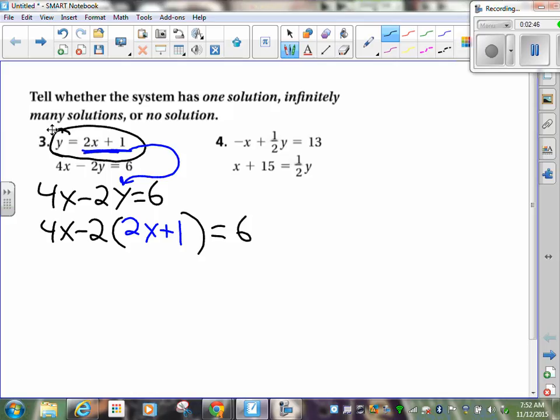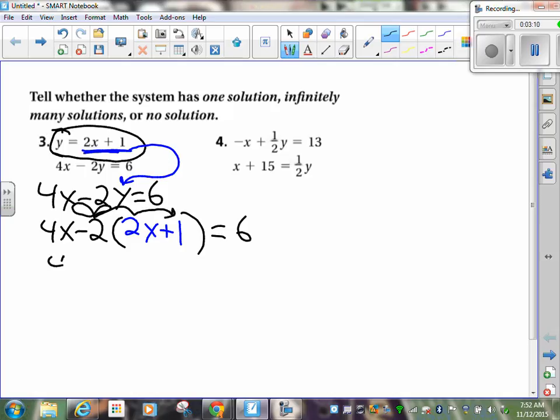That's why I put it on top so I don't forget when I substitute to make sure I put everything on that line. Now, there's parentheses. What am I going to do? Distribute. Or if you remember, there's the rabbit. What are the rabbits going to do? We're going to hop and multiply. Excellent. Hop and multiply.